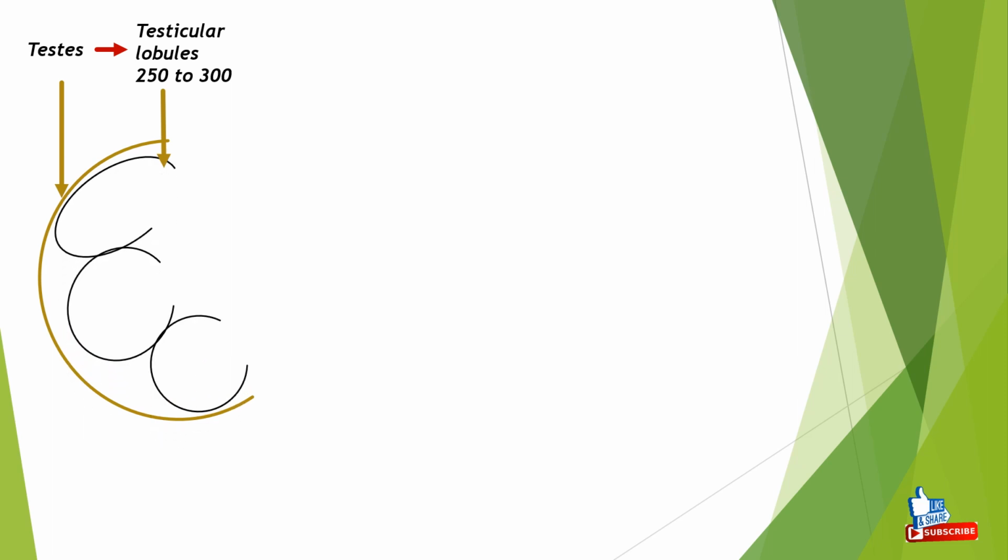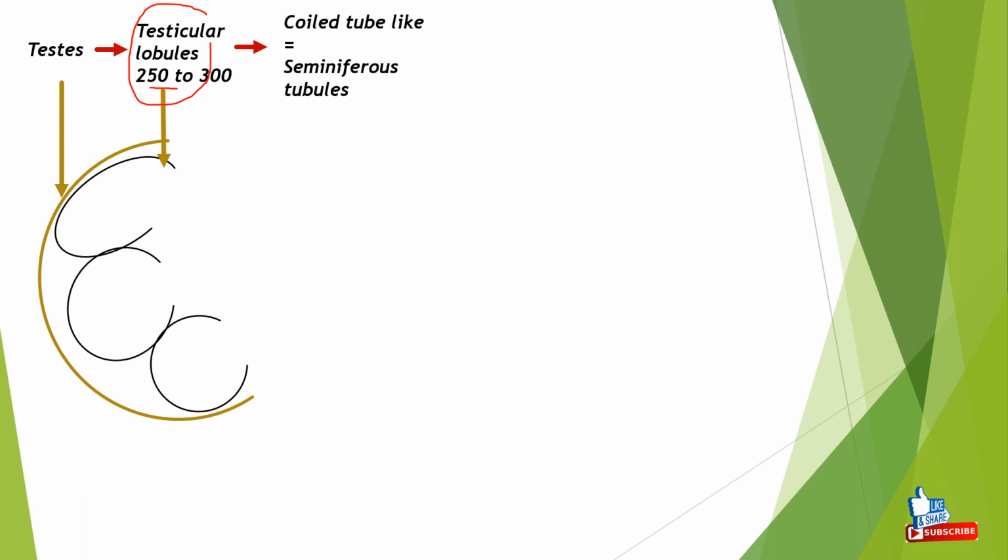These are compartment or room-like structures present in the testes, and these are called testicular lobules. These are generally 250 in number, so in each testis you will find about 250 testicular lobules.